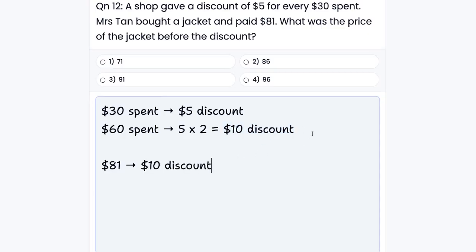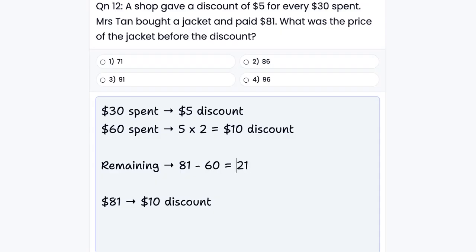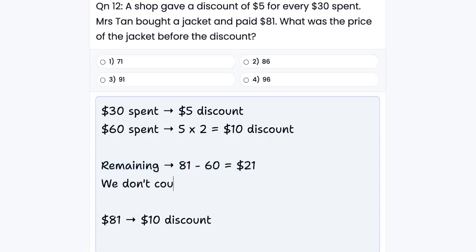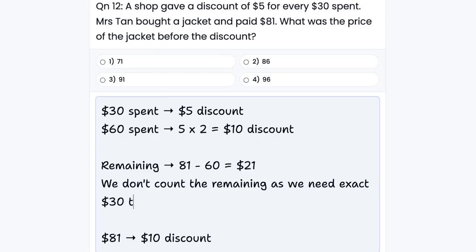Okay, so with $81, that means we will have a $10 discount. In a sense, if we say $60 spent, we have 81 minus 60 remaining, which is equal to $21. So this doesn't really count at all, as we need exact $30 to get an additional $5 discount.